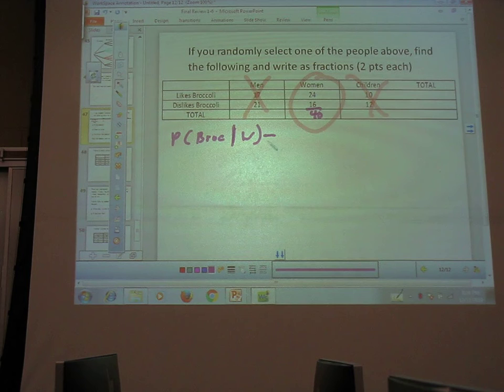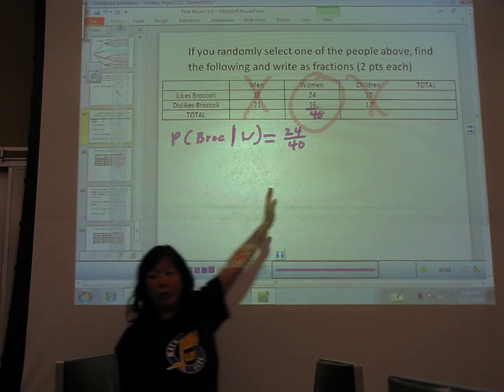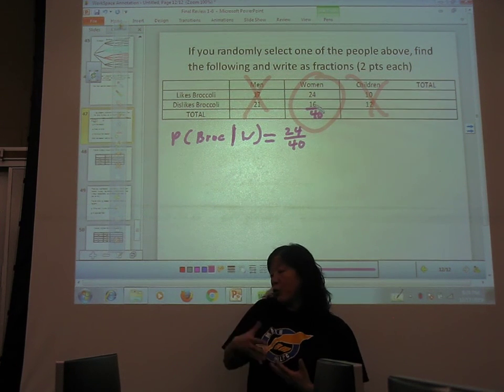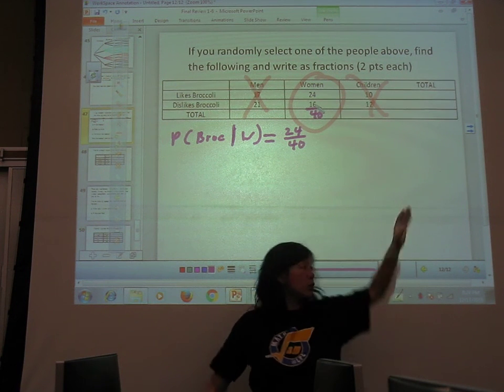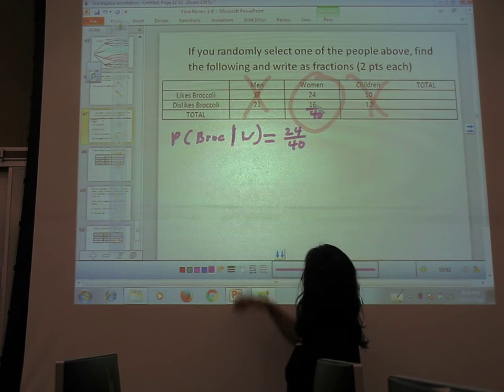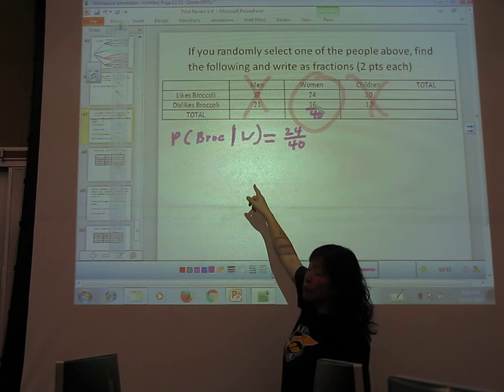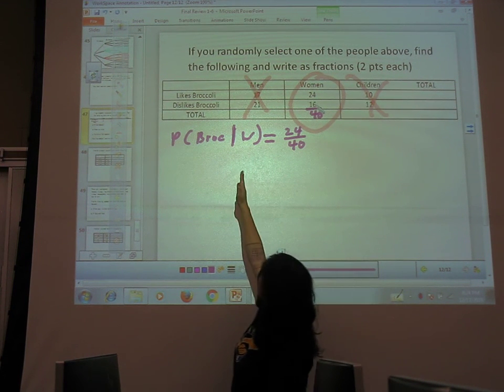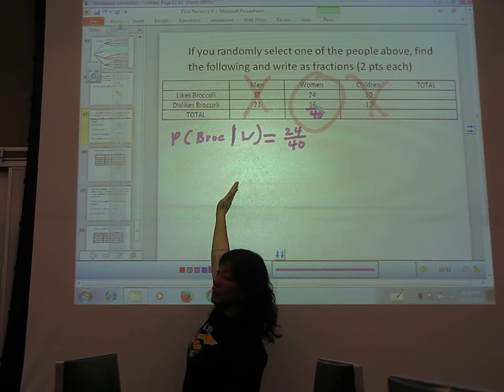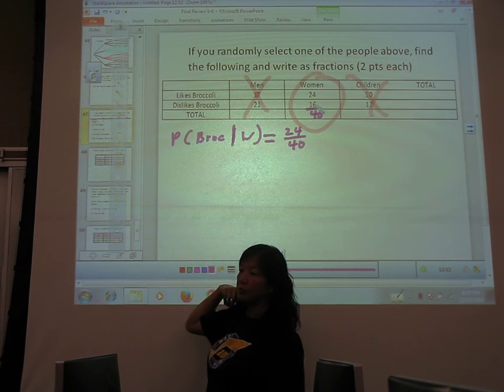So what's the probability that they like broccoli? 24 out of 40. Given woman means you know it's a woman, so it's got to be one of those 40. Given is the only time you change the denominator. The denominator should be 100, the total, every time, except for that. A lot of people don't remember what to divide by. If you think of it as broccoli divided by women, the women is what's on the bottom.